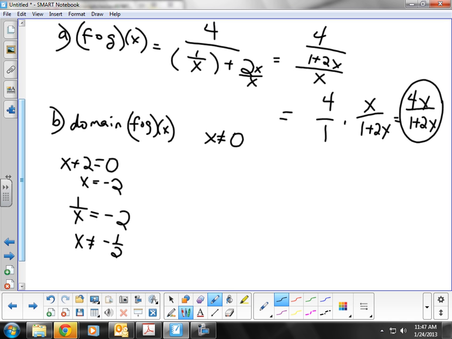Any questions about how to do this domain thing? You take whatever's on the inside, you just figure out what gives you something bad there. If it's a fraction, set the denominator equal to 0. If it's a square root, then you set it greater than or equal to 0. But then you have to do the same thing if there's a problem with the f of x function.